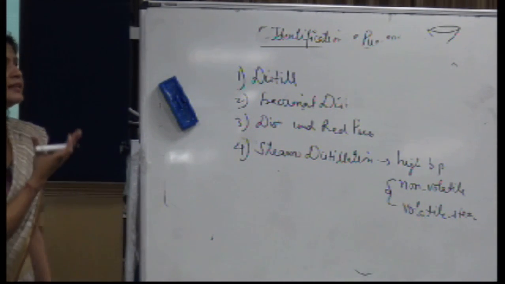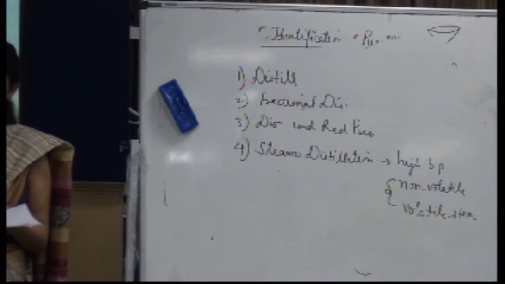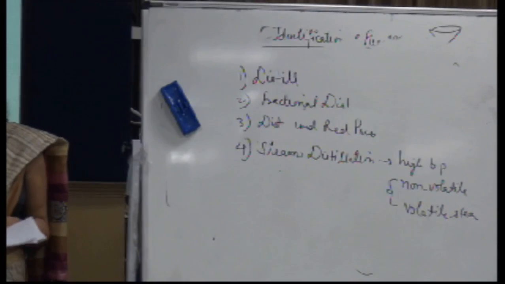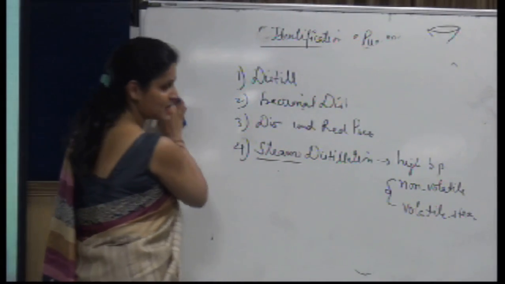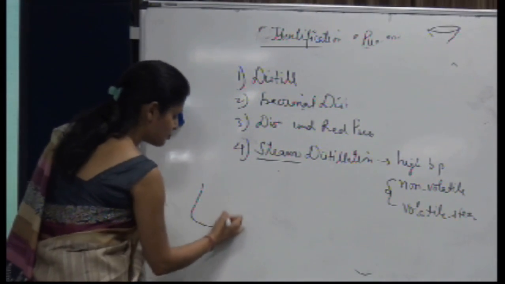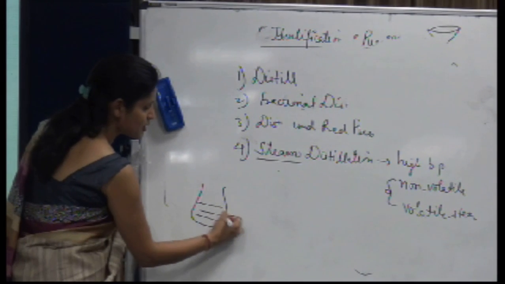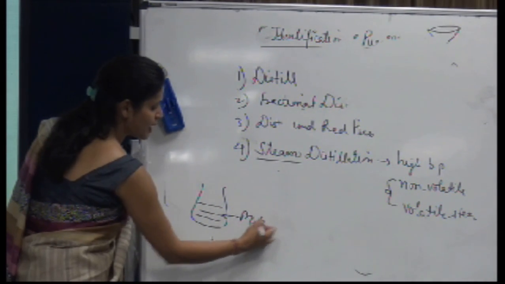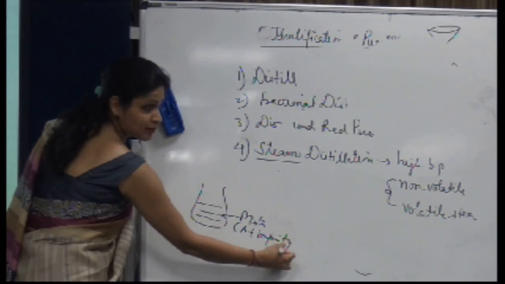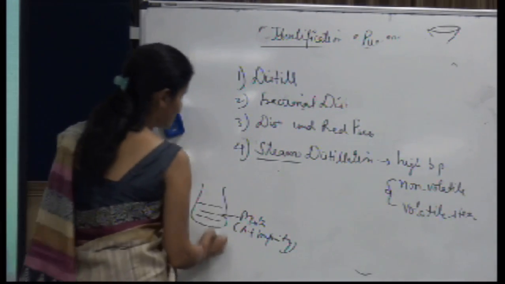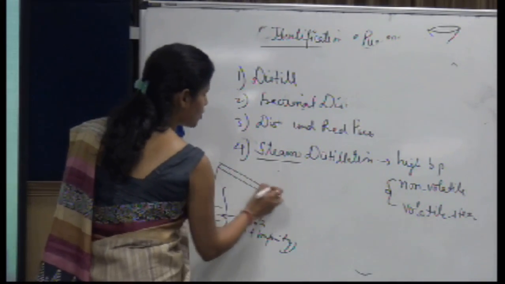That means they are not volatile as such, but when I apply some steam over it, it will volatilize. So what is the concept of steam distillation? I'll take the impure compound, that means a mixture of a compound and an impurity in it. So I'll start heating it and pass some steam over it.